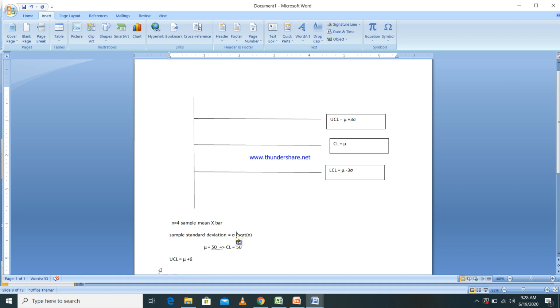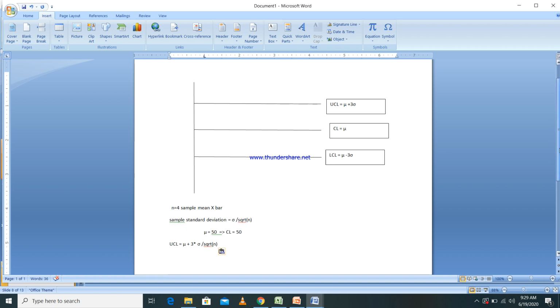So for the upper control limit equation, mu plus 3 sigma, you replace sigma by the new value, sigma over square root n, since it is the standard deviation when you consider the sample mean.